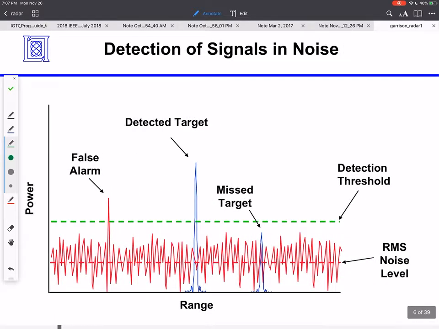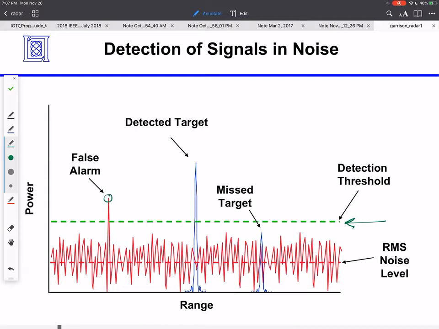Okay, actually I should have just gone to the next one, because it shows what some possibilities are if my signal to noise ratio is too low. So I'm going to set a detection threshold. Say, if I see a return above this power level, I'm going to identify that as a target. The red is the noise, and I have two possible errors.